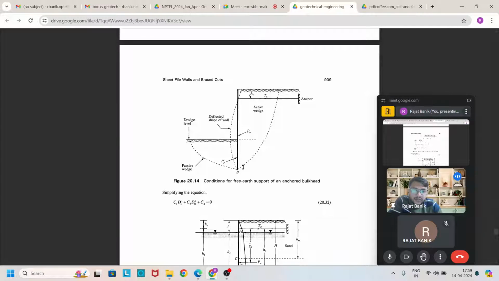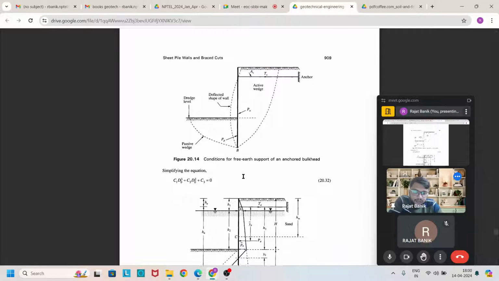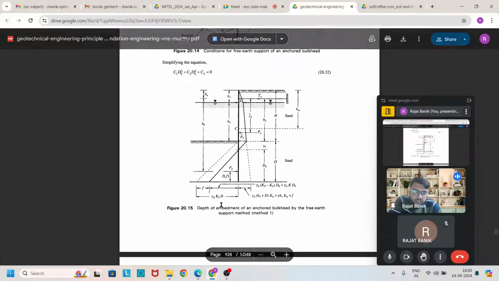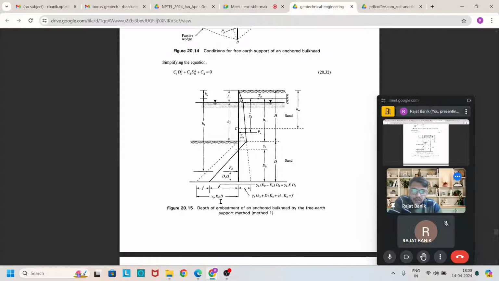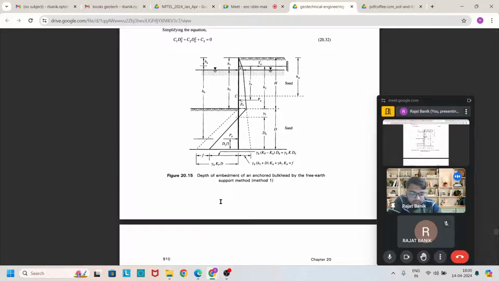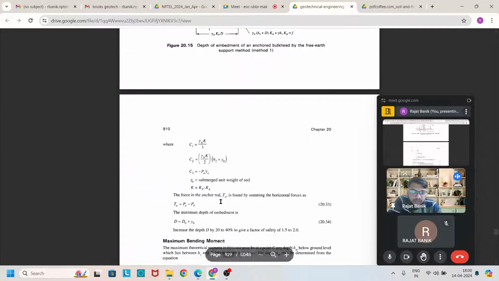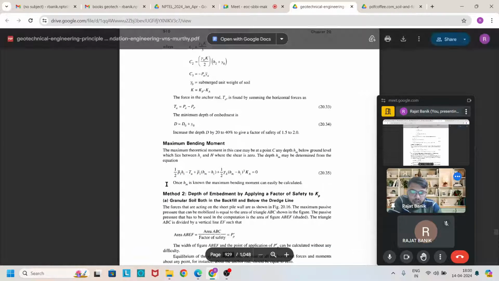This deflected shape is towards the backfill material. Now it is in the backfill material, and this is the failure surface or passive wedge surface. And here is the pressure diagram, which is very important to find the embedment depth, the effective stress, passive earth pressure and active earth pressure, and the bending moment.